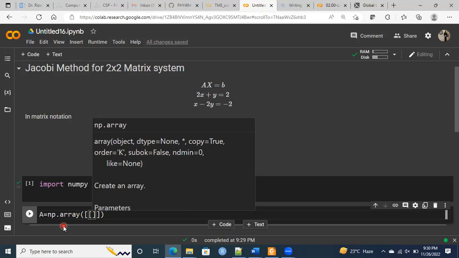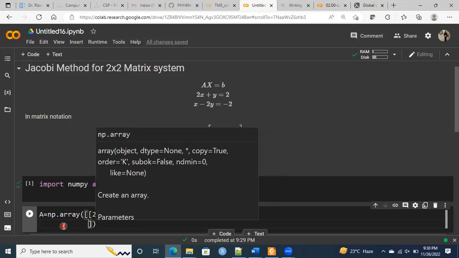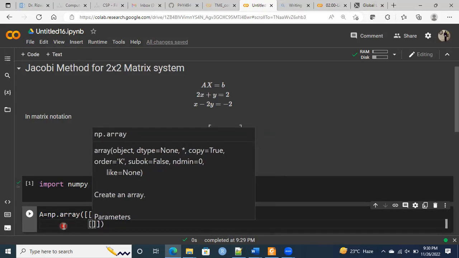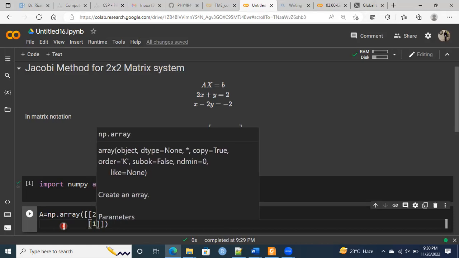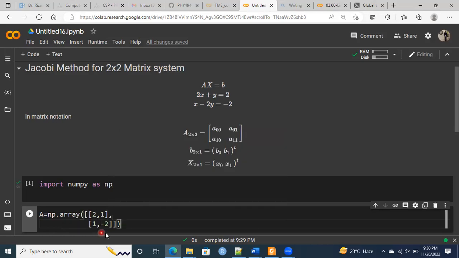So I write the numbers 2, 1 for the first row, and then I will write 1 and minus 2 for the second row.